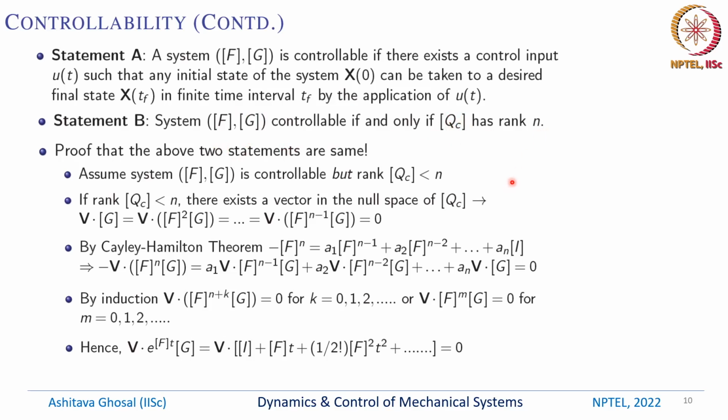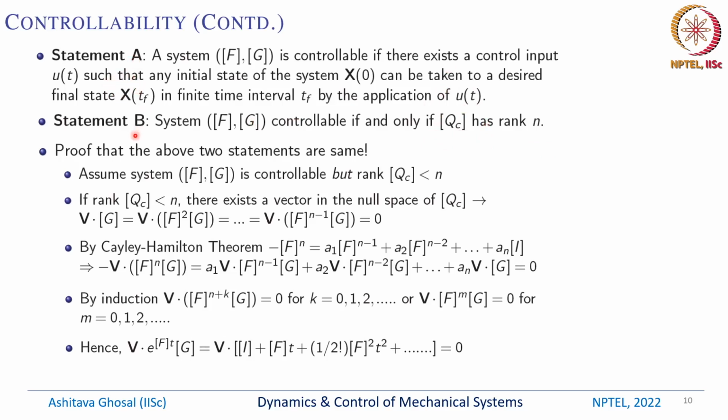The first column was G, the second column was F into G, the third column was F square into G, and so on all the way till F to the power n minus 1 into G. So QC is of dimension n cross n. The second statement, which I discussed in the last slide, is that the system is state controllable if the rank of QC is n.